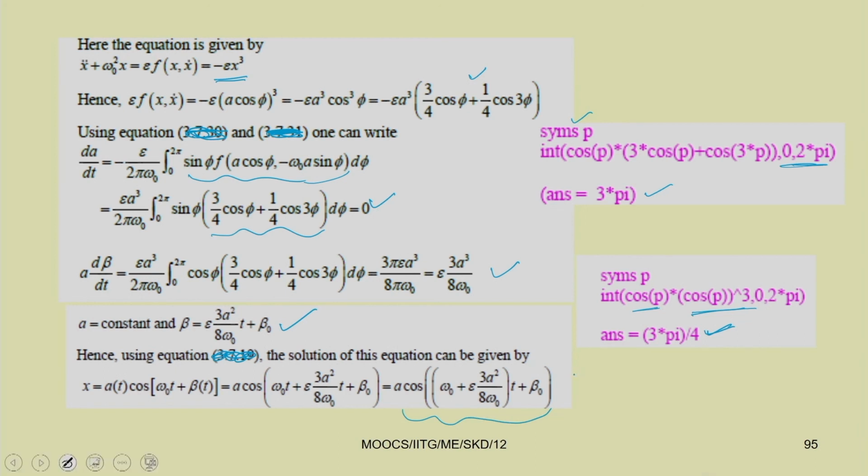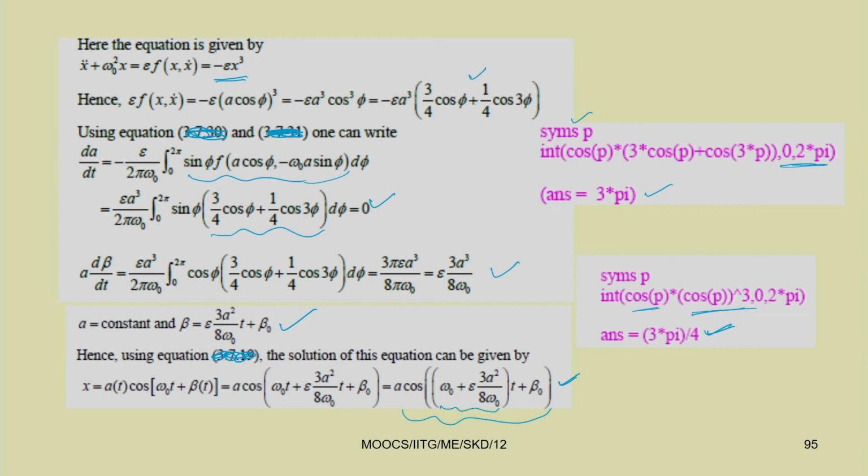That time you have seen there will be some additional term. By using this Krylov-Bogoliubov method, we have seen the result you are getting is not the correct answer, but it is an approximate solution of the Duffing equation.